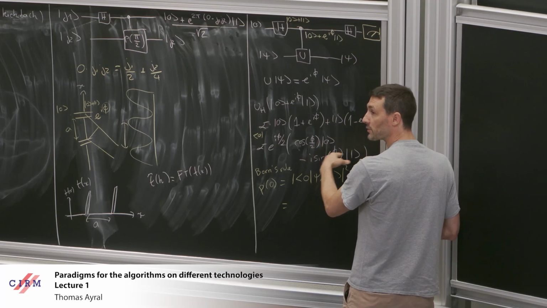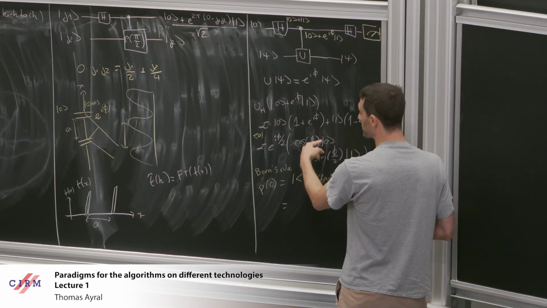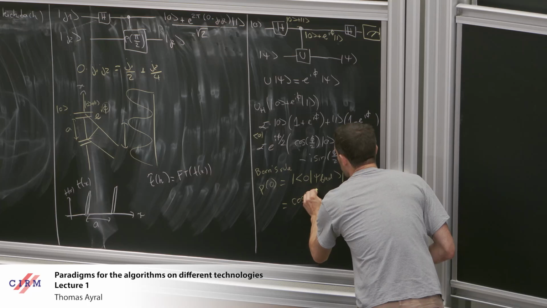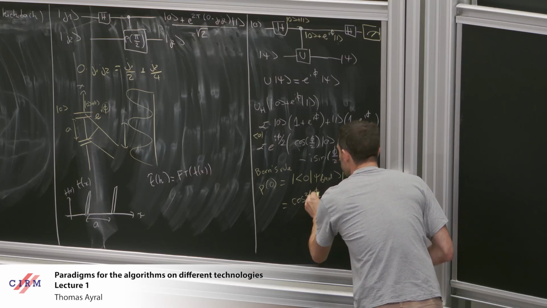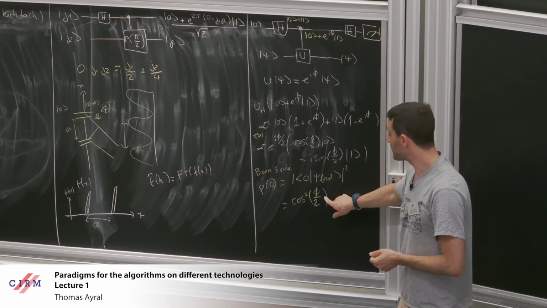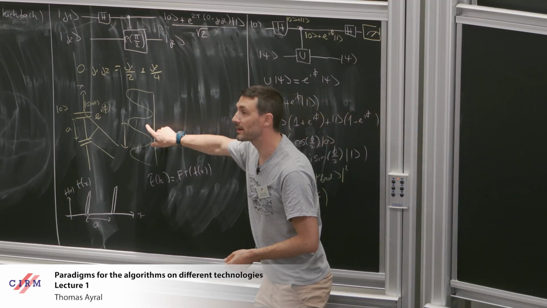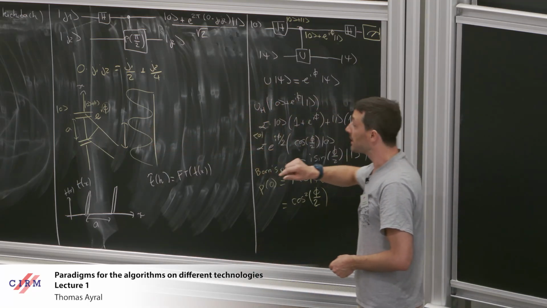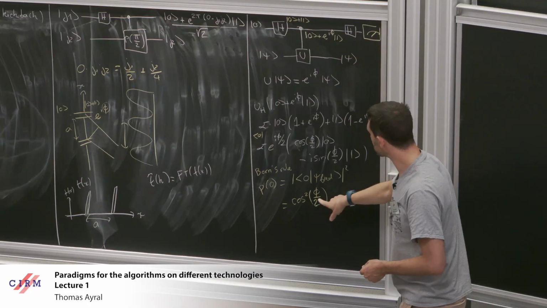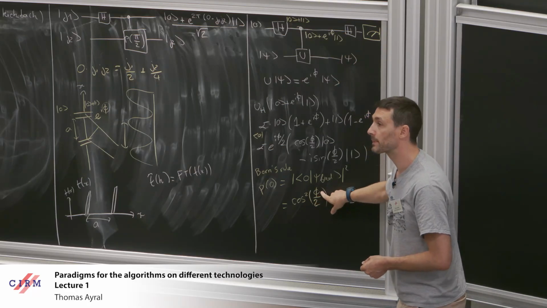So the second term goes away. So the only term that remains is the cosine. So what I get is cosine squared of theta half, okay? And so now you can see that this is essentially this cosine that I was talking about. So here, this simple circuit allows you to get access to phi.